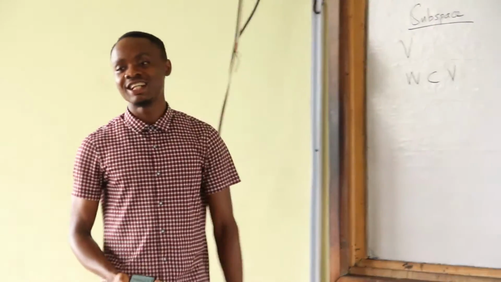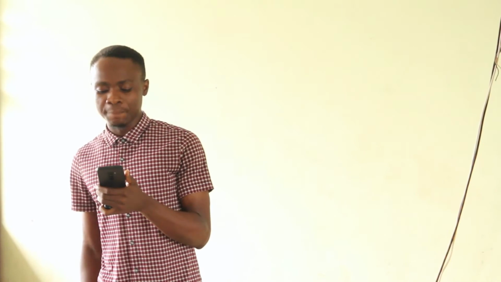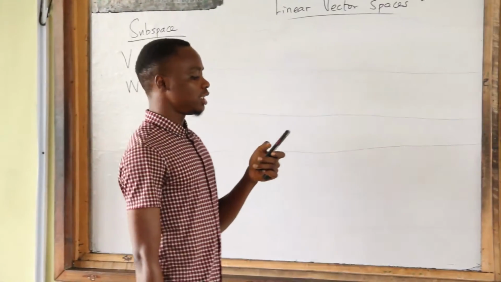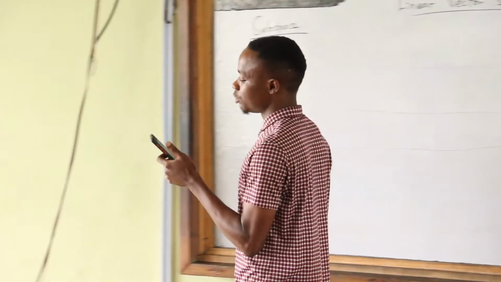W is a subset of V. That means V is the one that contains W. A subset W of V is a subspace of V if W is a vector space over F with operations of vector addition and scalar multiplication on V. That is somehow abstract. We get more specific.